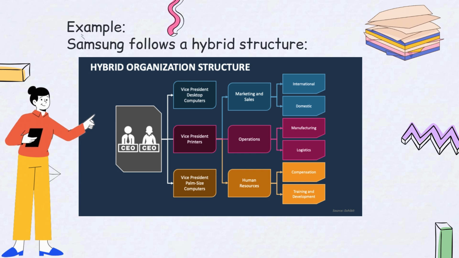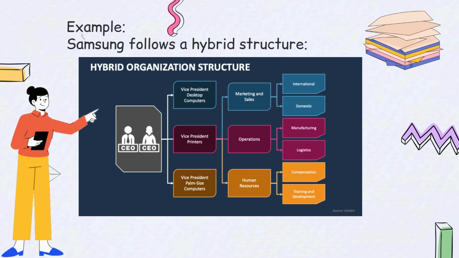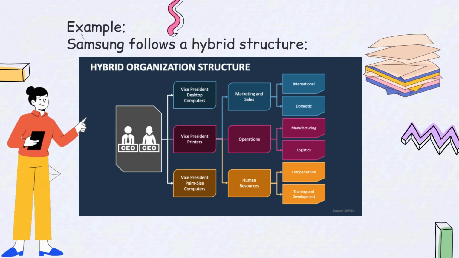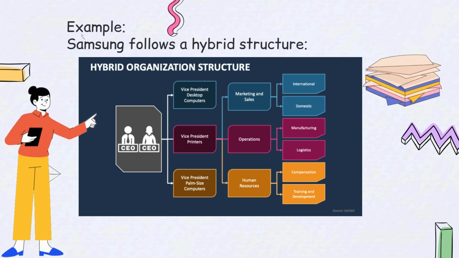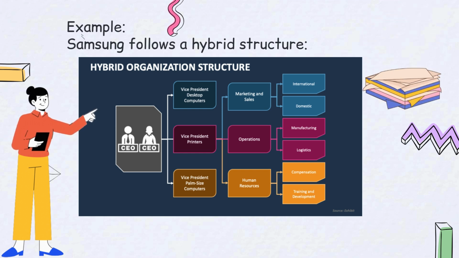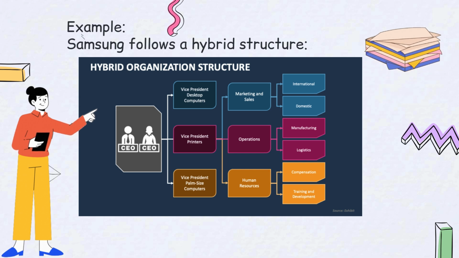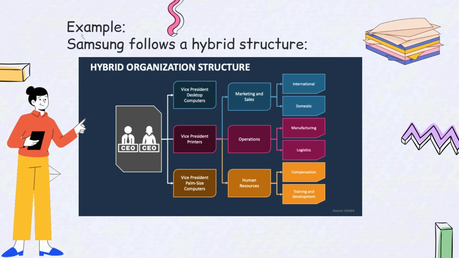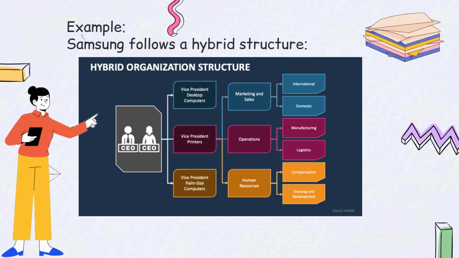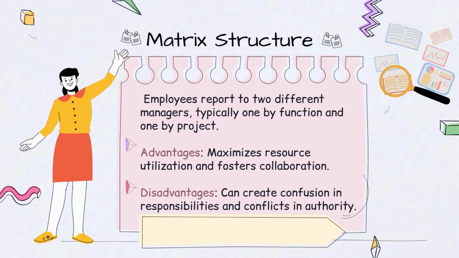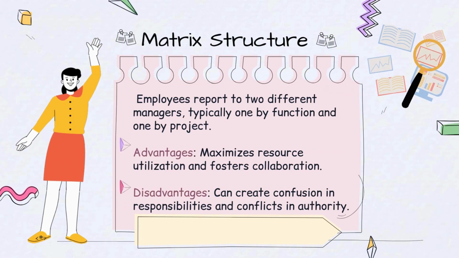For example, Samsung follows a hybrid structure. Functional structure at the corporate level, it has R&D, finance, HR, and marketing teams. Divisional structure at the product level, separate divisions for smartphones, TVs, and semiconductors.